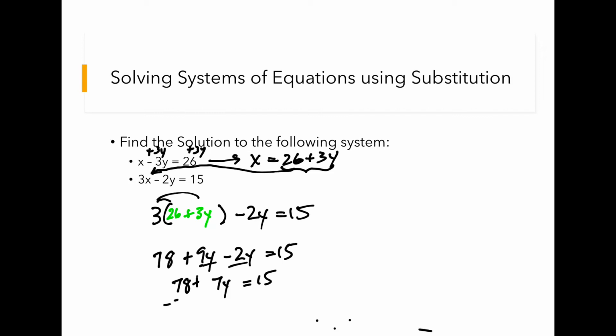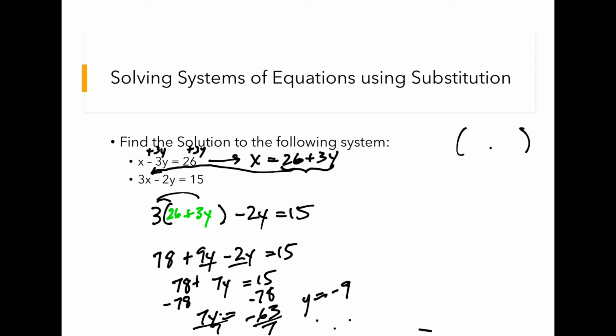And then we'll get the constant to the other side by subtracting 78. That gives me negative 63, and then we have 7y over here. Dividing both sides by 7, we get y is equal to negative 9.